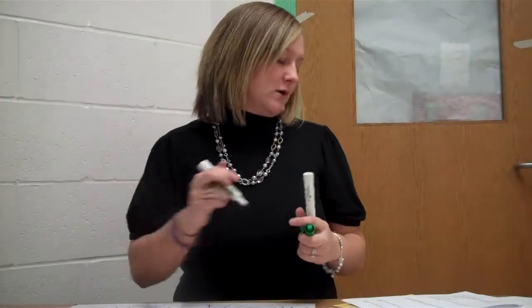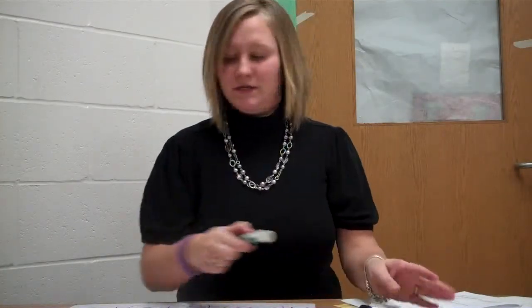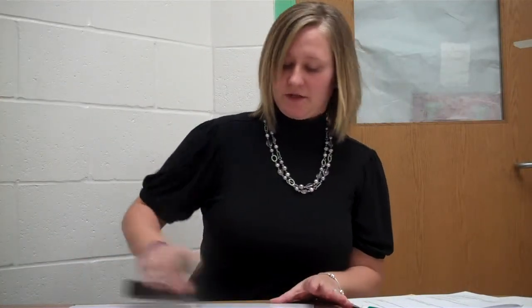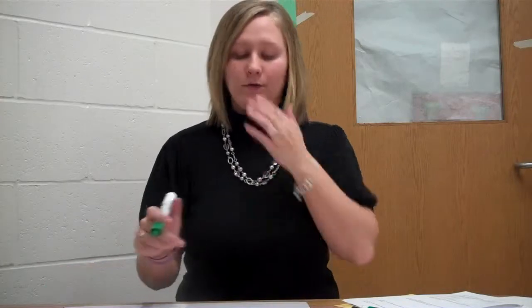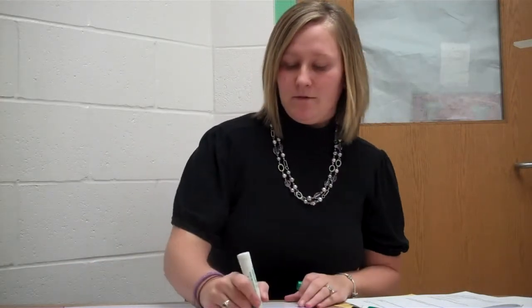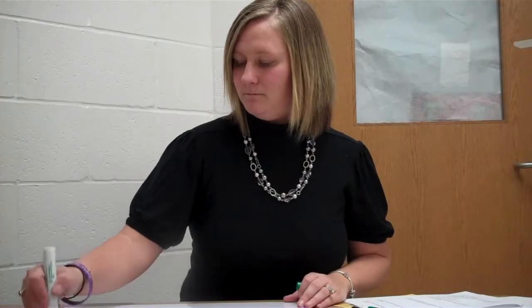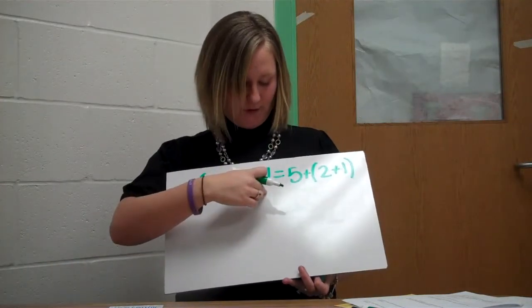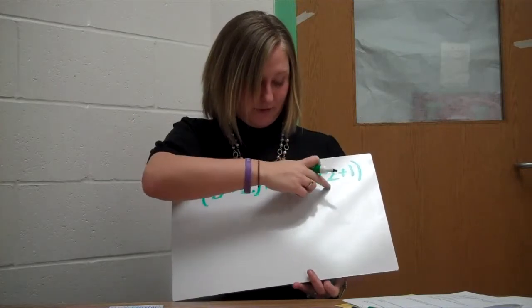Okay? So it says write an example of an addition problem that uses the associative property. What I want you to do is, by looking at that other example up at the top, write your own. I'm going to write my own. Here is my example. 5 plus 2 plus 1 is the same as 5 plus 2 plus 1.